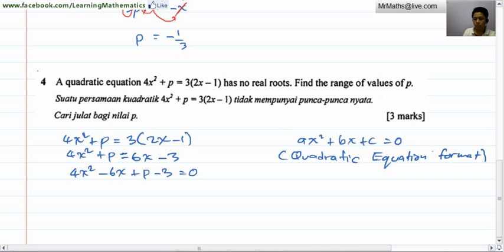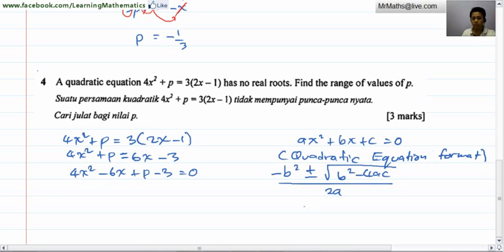We use the quadratic formula, which is negative b plus minus the square root of b squared minus 4ac over 2a. If we solve this, then we can get the roots. But in this case, this equation has no real root.